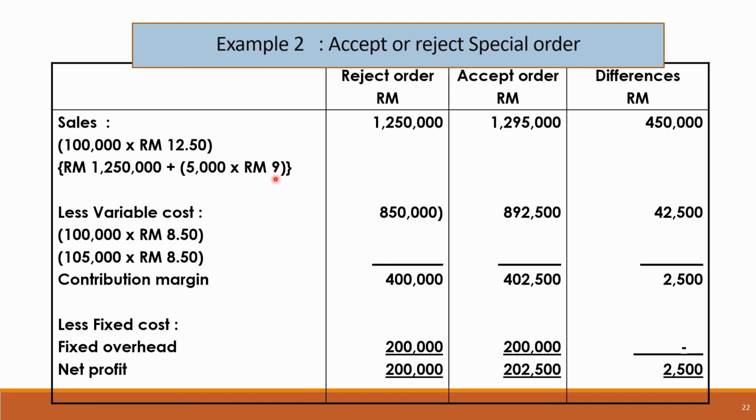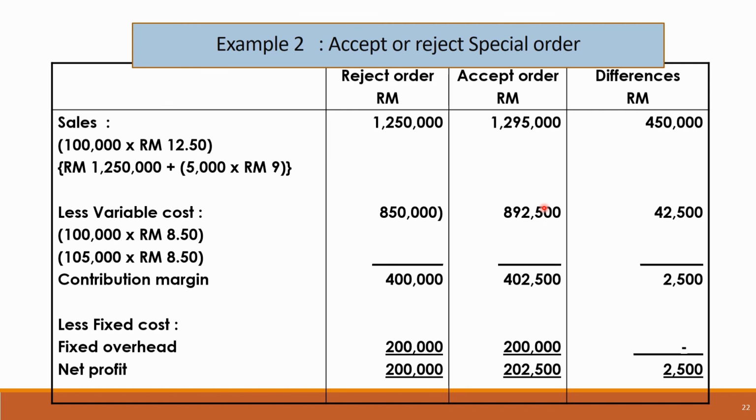After calculating sales, we have to deduct variable cost, and you must know variable cost represents relevant costs. So the first row represents reject order, 100,000 units times 8.50, and you got 850,000. And we have to calculate variable cost under accept order.